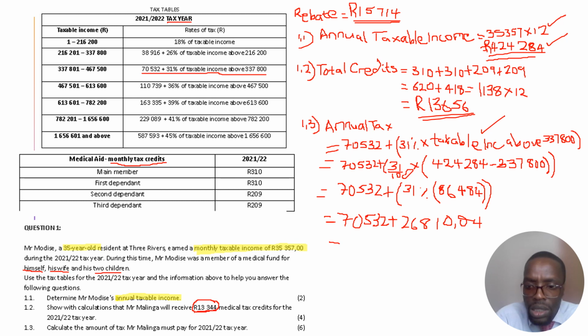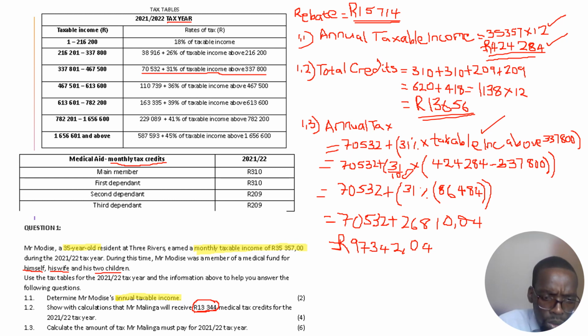If you do that, your final answer is going to be 97,342.04 rands.